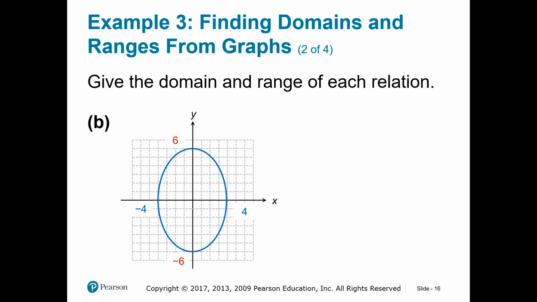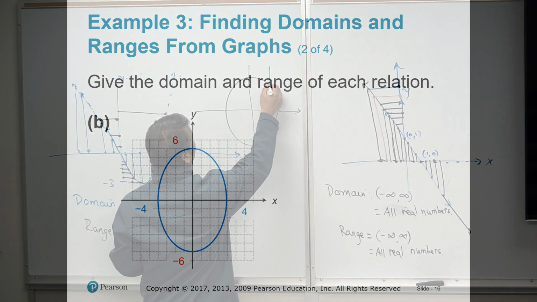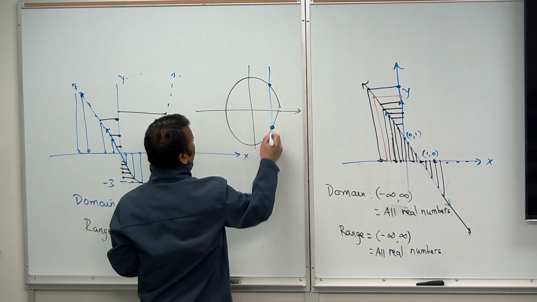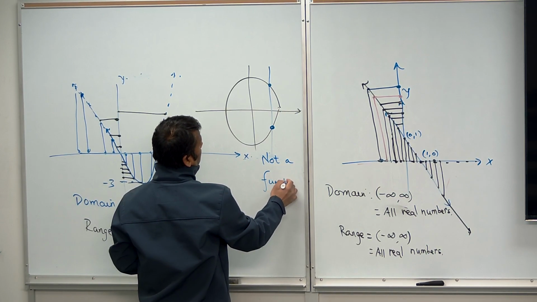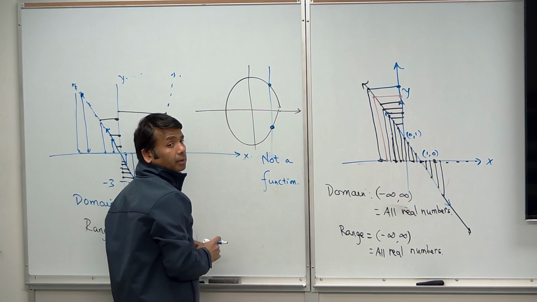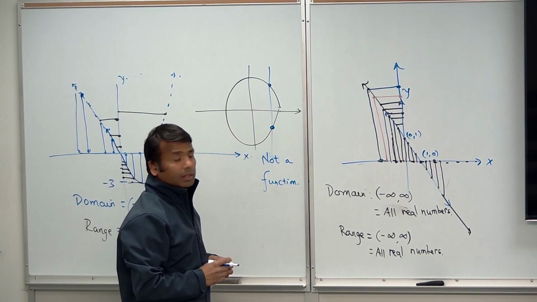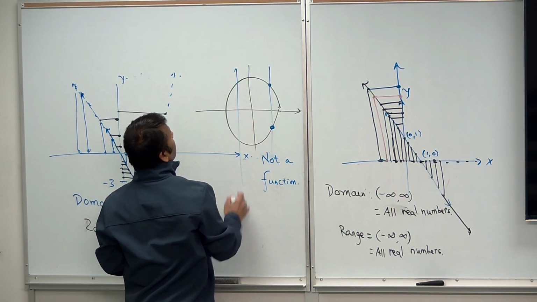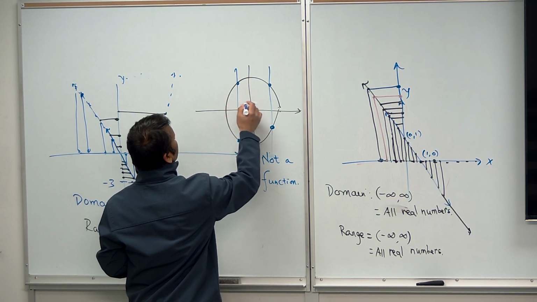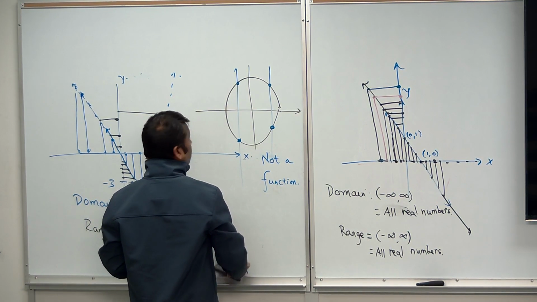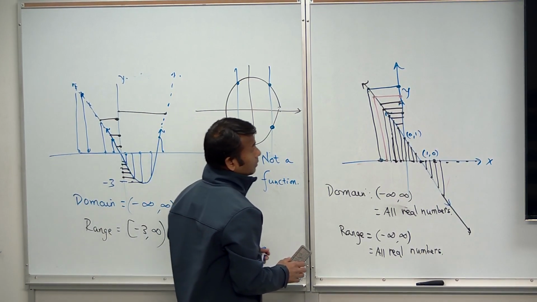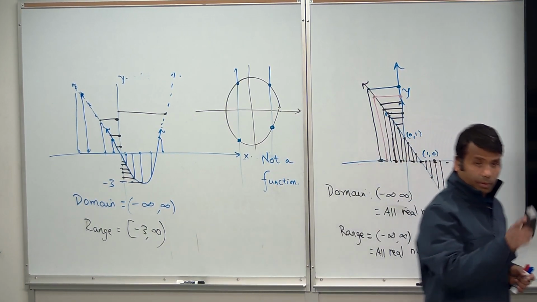And if you draw the vertical line here, you see the vertical line intersects the graph at 2 points. So that's why this is not a function. It intersects at 2 points here and here. So that's why this is not a function. You got it?